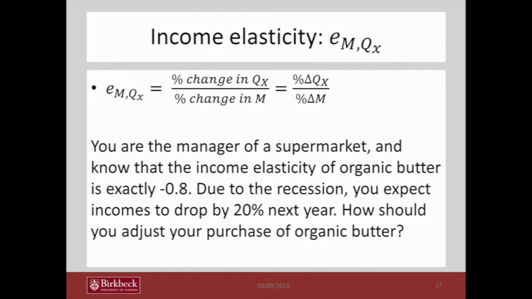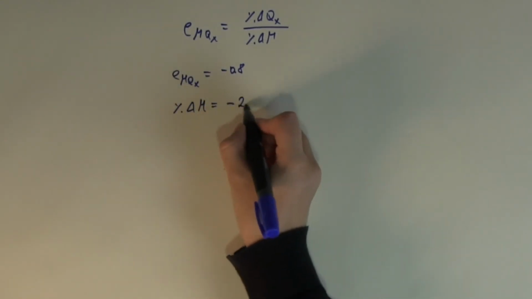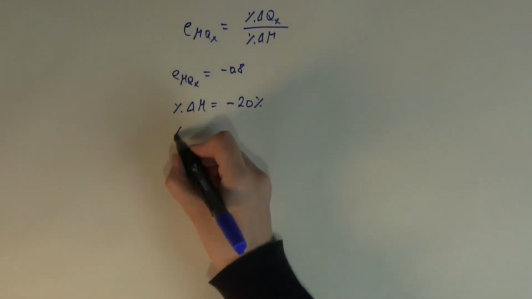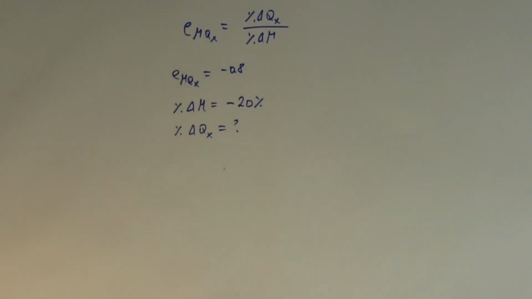Due to the recession, you expect incomes to drop by 20%, which tells you that the percentage change in income equals minus 20%. How should you adjust your purchase of organic butter? Well, what will happen to the demand? That's the question here. So, should you order more or should you order less?